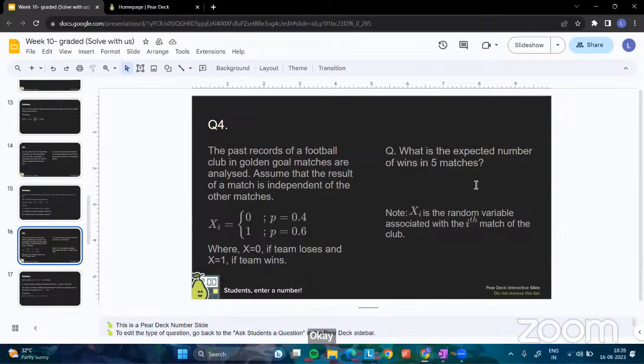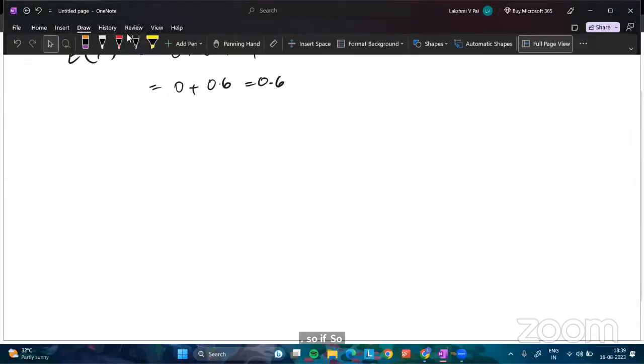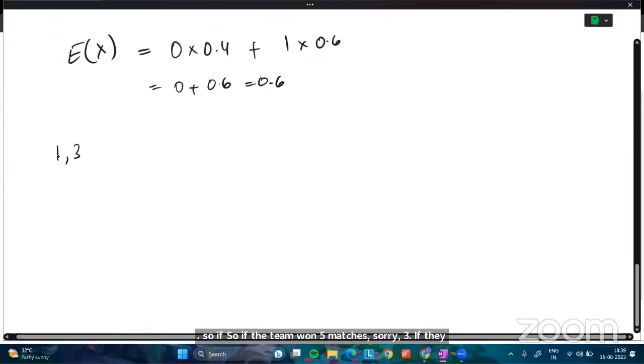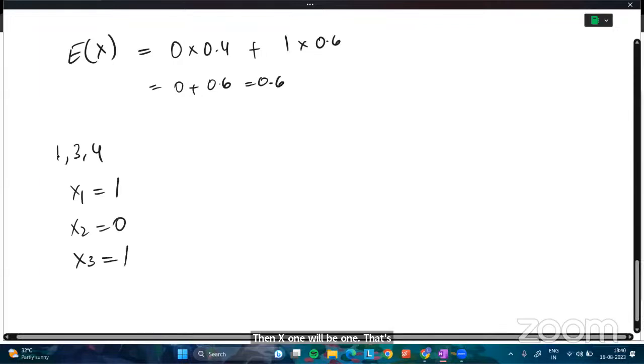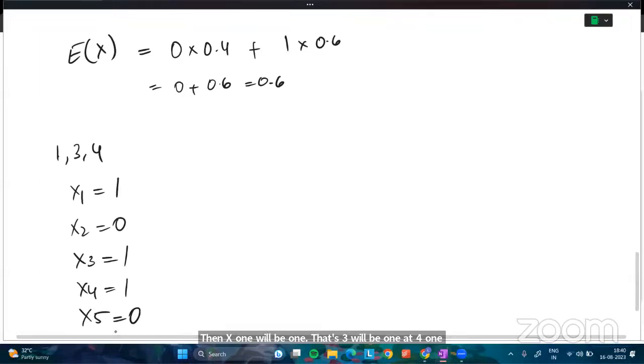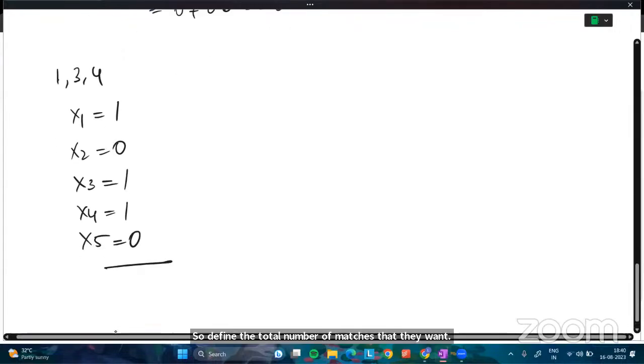So the number of wins will be, let's say if the team won 3 matches, the first, the third, and the fourth, then X1 will be 1, X2 will be 0, X3 will be 1, X4 1, and X5 0. To find the total number of matches they won, you can just add up the random variables and get 3.